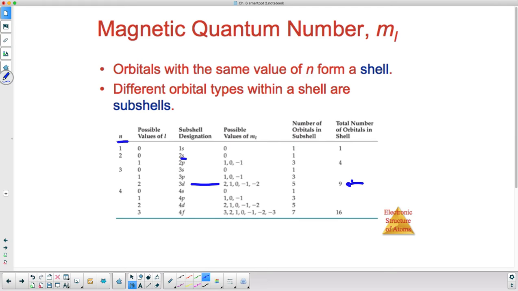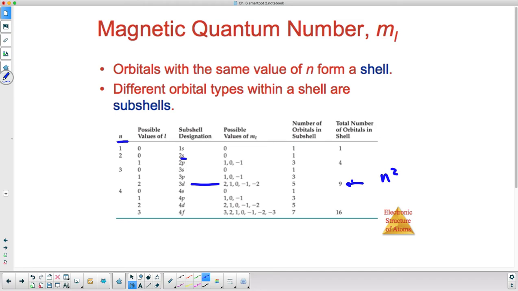The total number of orbitals for a shell is just n squared. If it were the number of electrons, because you can fit 2 electrons into each orbital, it would be 2n squared. But for just the number of orbitals in a shell, it's just n squared.